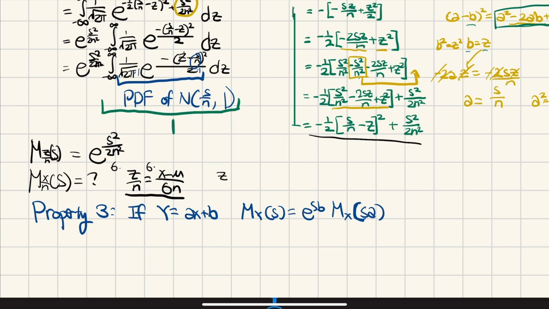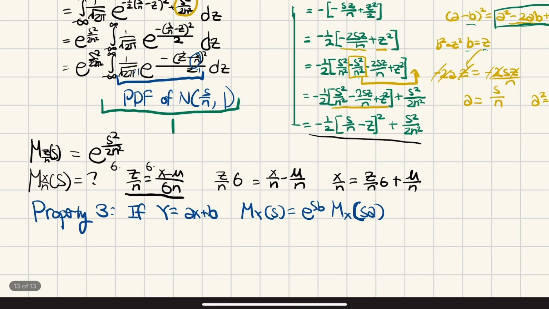Z over N times sigma equals X over N minus mu over N. So X over N equals Z over N sigma plus mu over N. In this case, sigma is like the a, and mu over N is like the b.